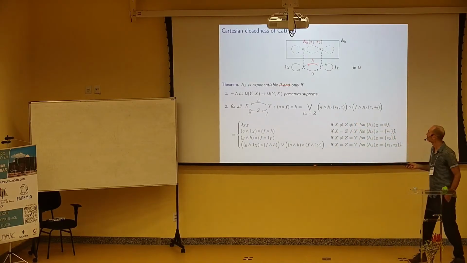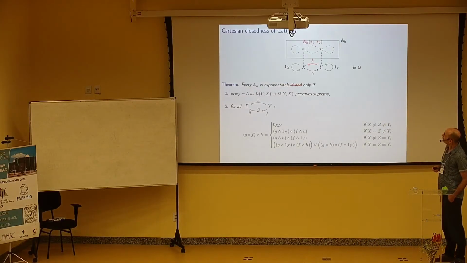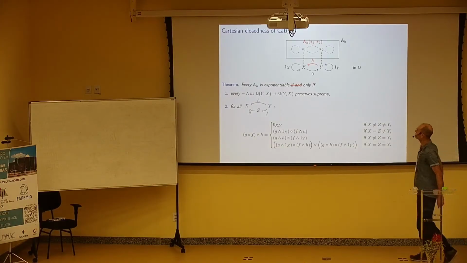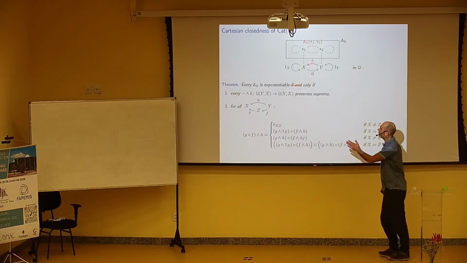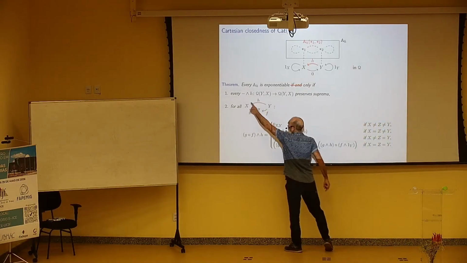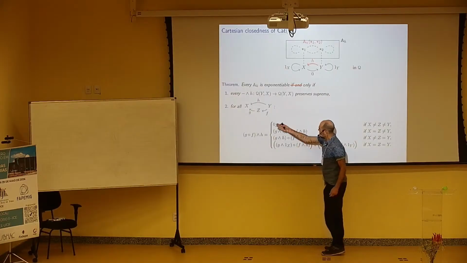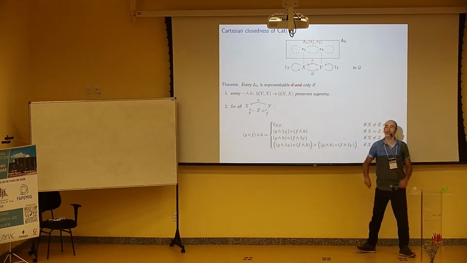Okay? So every category AH is exponentiable only if, it is a necessary condition, because I'm only looking at necessary conditions. Intersecting with H preserves suprema, and whenever you write H as a composite, you have this table of possibilities.